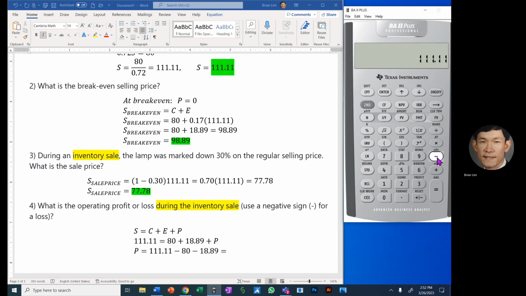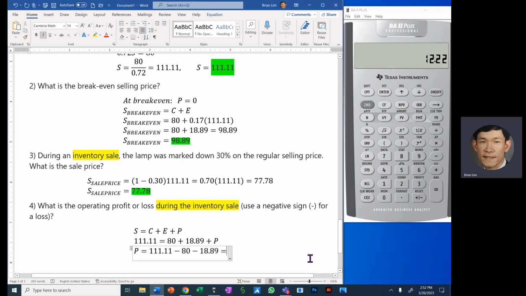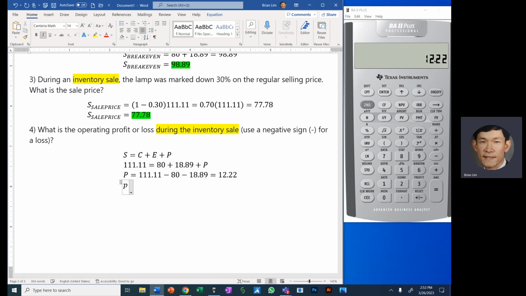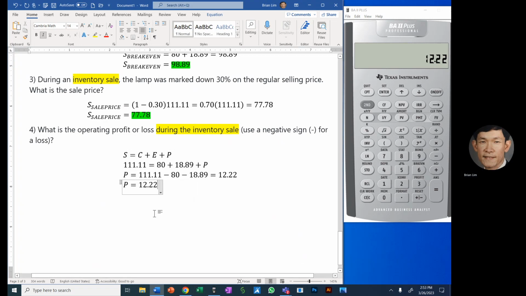First we subtract 80 from 111.11, and then we subtract 18.89. There we go, 12.22. So there is a profit of $12.22.